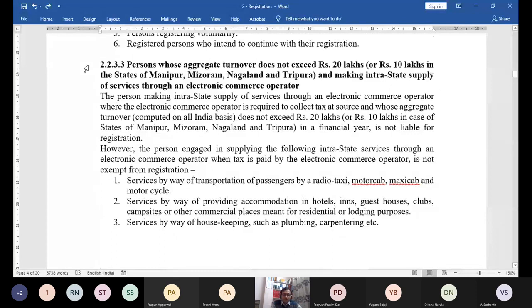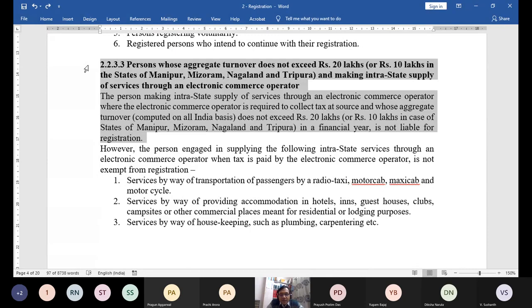This was the 3rd notification. I told you, the ECO case. Persons whose aggregate turnover does not exceed 20 lakh or 10 lakh in the states of Manipur, Mizoram, Nagaland, Tripura, and who are making intra-state supply of services through ECO, these people are not liable for compulsory registration. So we have 2 conditions.